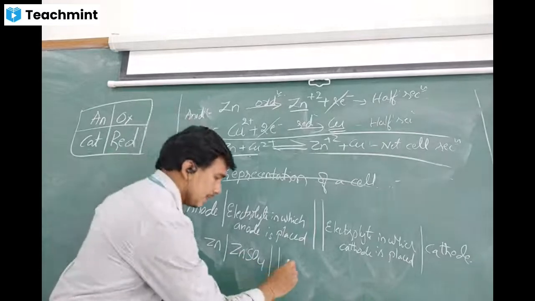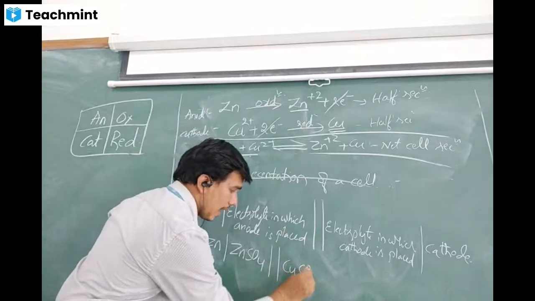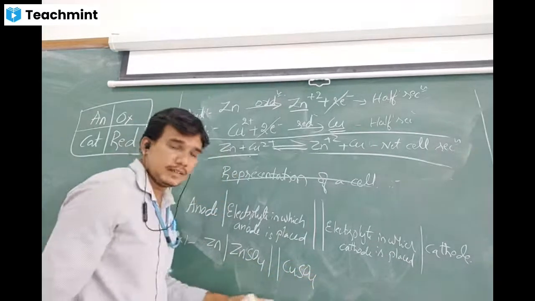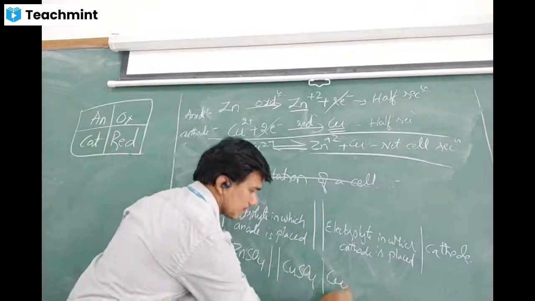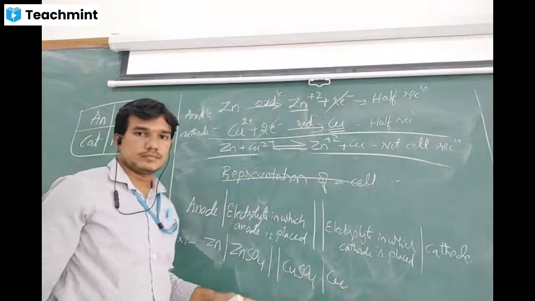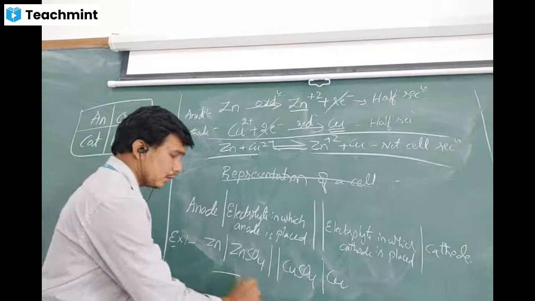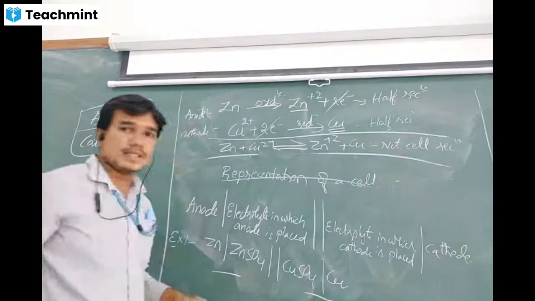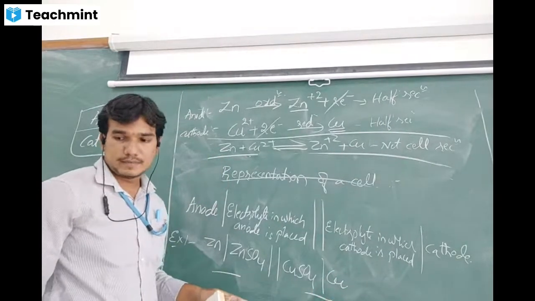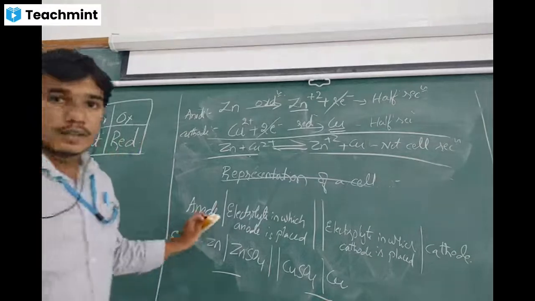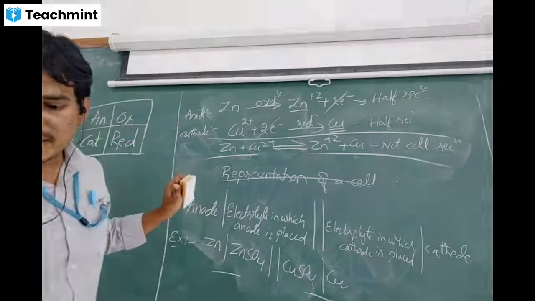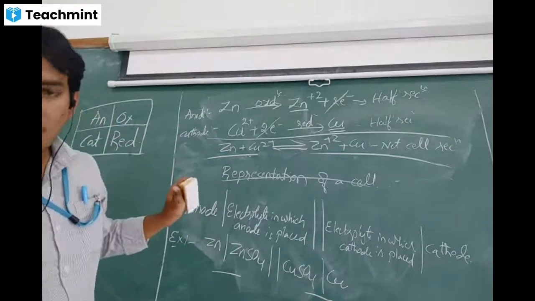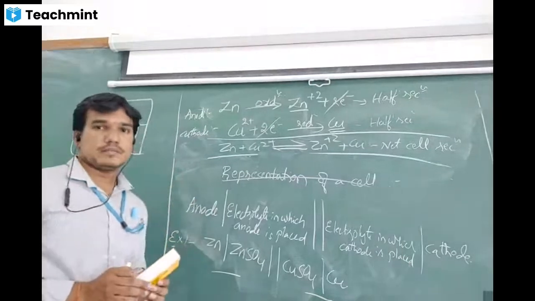Next, copper ions or copper sulfate. Next, copper. Okay, so this is the anode side and this one is the cathodic side. Okay, you understood the basic concepts of electrochemistry?